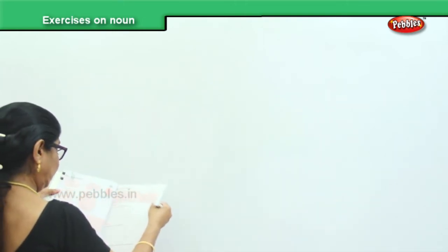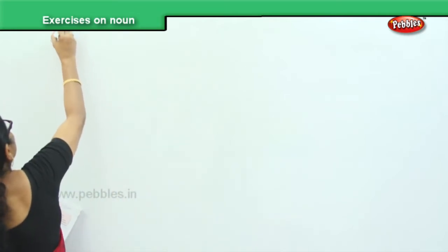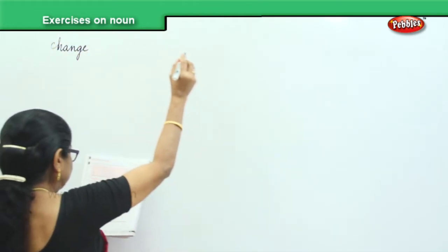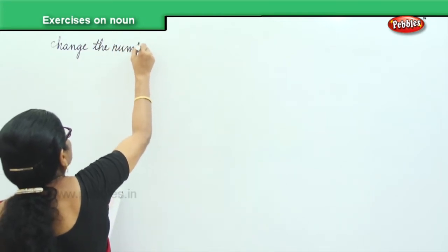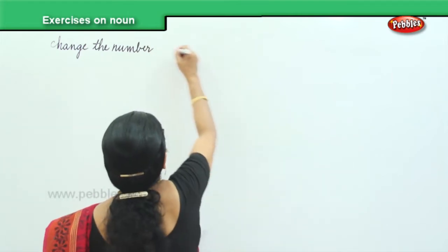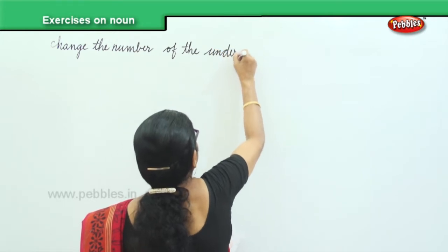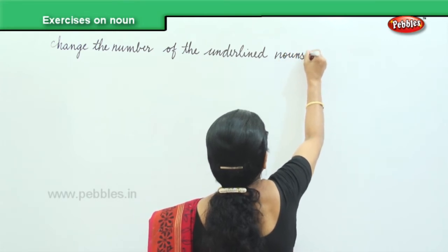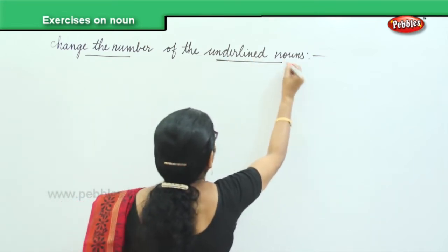Now, you're going to change the number of the underlined nouns. That's what we are going to do now.